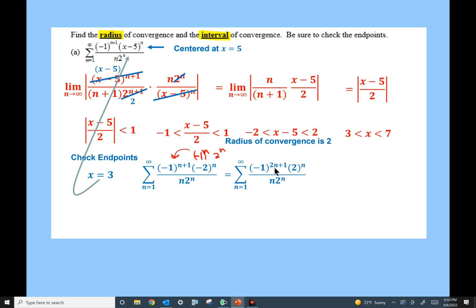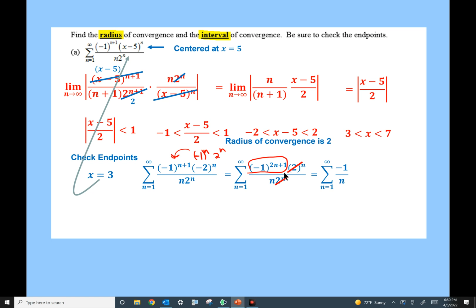But if I look at it that way, then I can cancel the 2 to the n's that are on the top and the bottom. And so what I have left is just an n on the bottom. And if you notice this negative 1 to the 2n plus 1, well, won't 2n plus 1 always be an odd number? And if 2n plus 1 is odd, negative 1 to any odd number is just negative 1.